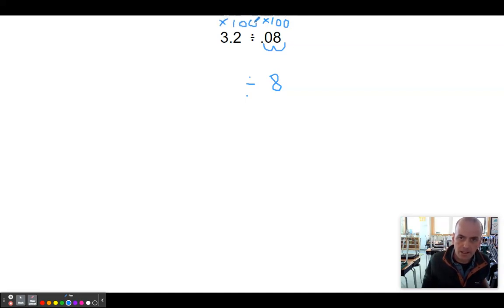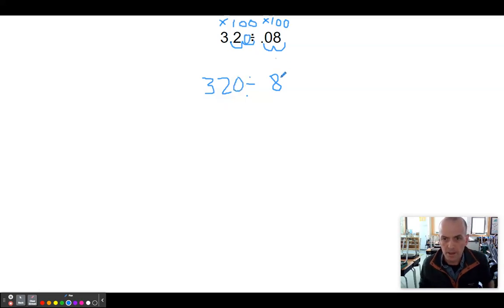I've got to times it by 100 or move the decimal 2 places. So it's not going to be 32 because that would be 1 place. That'd be times 10. It's going to be 320. Okay, then 320 divided by 8 is going to be 40.